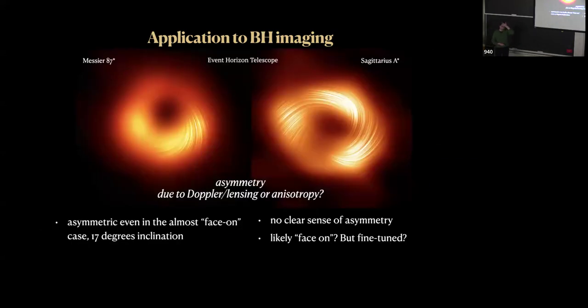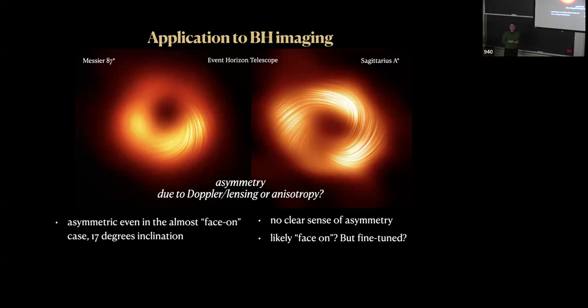And if you look at both of these HT images, as I already said, in the case of M87, we actually know the inclination of the spin. We know the inclination of the spin is just 17 degrees, so it's very face-on. But nevertheless, we observe a significant asymmetry in the image. So one part of the image is brighter than the other one.